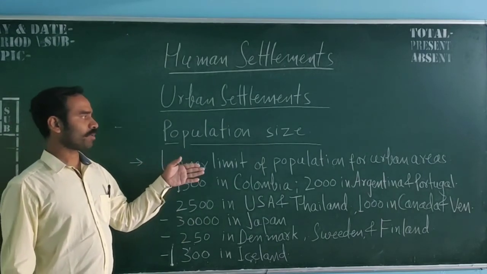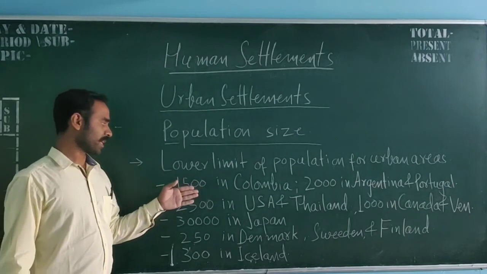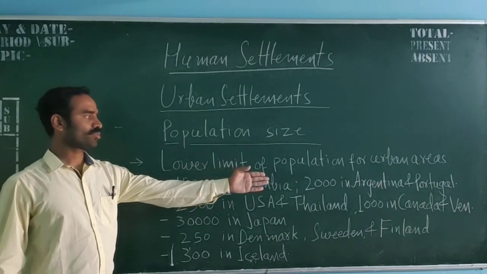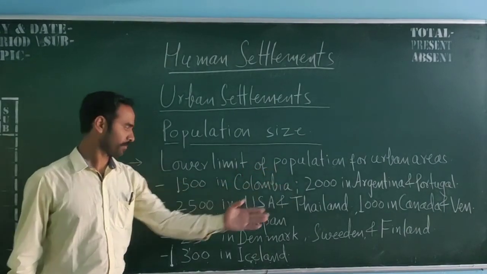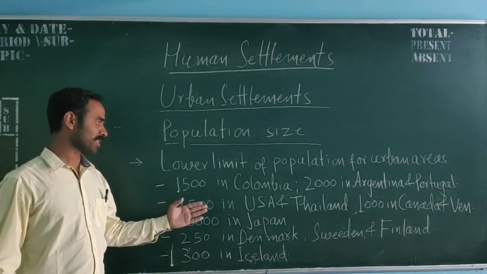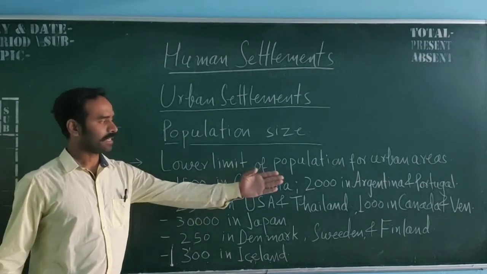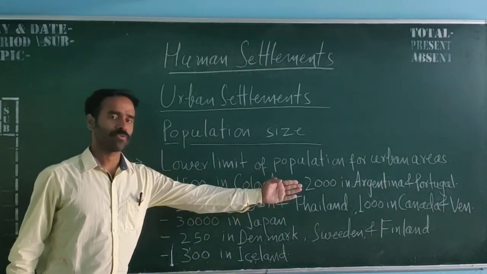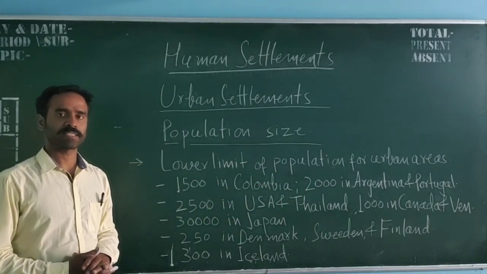The lower limit of population for urban areas in Colombia is 1500. It is only 2000 in Argentina and Portugal. It is about 2500 persons in USA and Thailand, while in Canada and Venezuela all the places having 1000 population are considered to be a city.